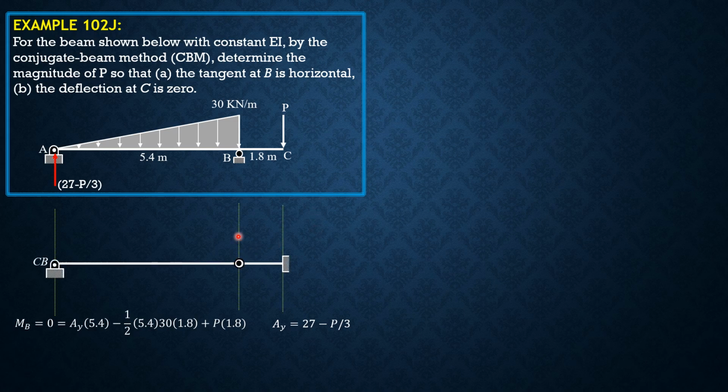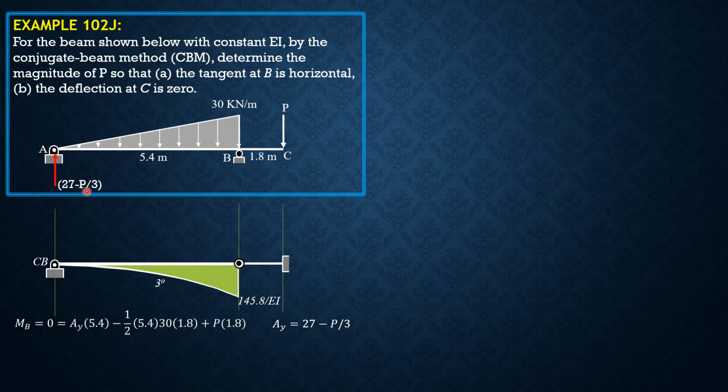Since we select this as our moment center, the moment due to the triangular load is 1/2 of 5.4 times 30 times 1.8, and it is a third degree curve with value here equal to 145.8 over EI. 145.8 is 1/2 of 5.4 times 30 times 1/3 of 5.4, which is 1.8, the moment of this triangular load about B. So that's why we get 145.8.